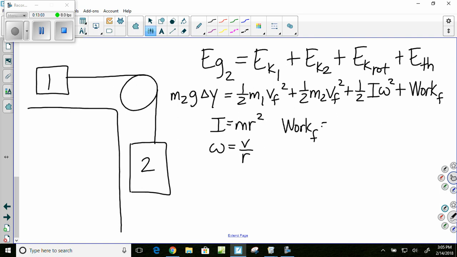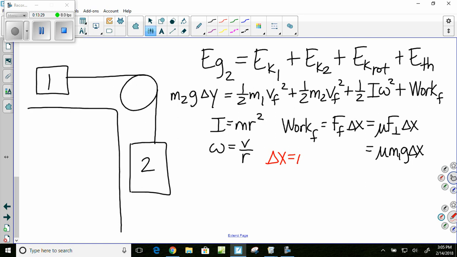So that's mu times the normal times that distance. But that is mu times m1 g, because it was equal to the weight, times the distance it moves. The delta x, this is important, the delta x for object 1 is equal to the delta y for object 2.